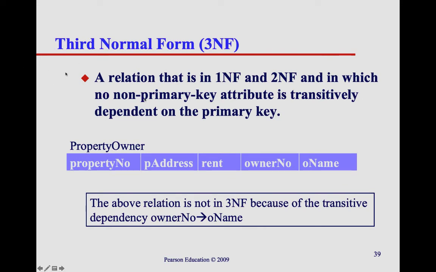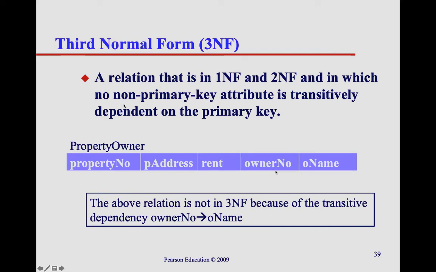In third normal form, we're going to eliminate any transitive dependencies. So any transitive dependencies we have in our second normal form relation are going to be moved into their own relation. So here, owner number determines owner name.